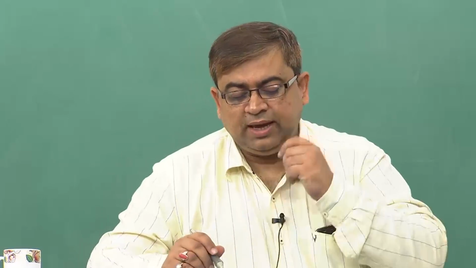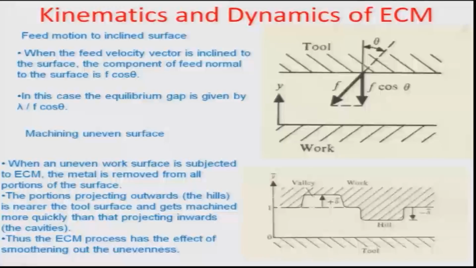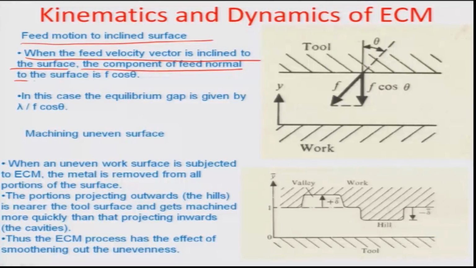So, today we are going to look at a slightly different aspect. One of them, obviously, is what happens if the feed motion is not perpendicular to the electrode, but at an inclination with respect to the electrode surface. When the feed velocity vector is inclined to the surface, the common approach is that a component of the feed normal to the surface is considered to be the feed which results in the dissolution.